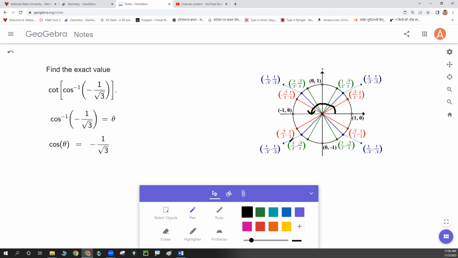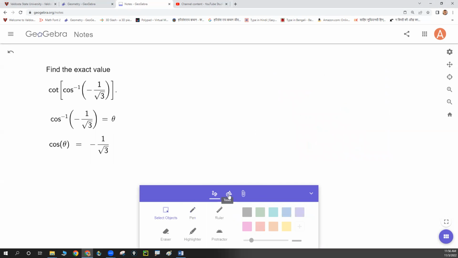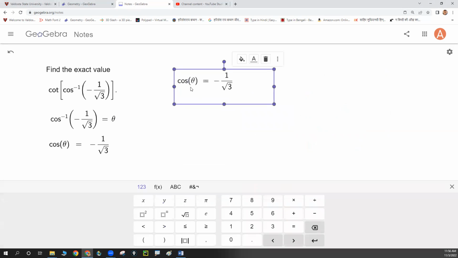Well, guess what? I don't have it in the unit circle, so I have to do it the hard way. So let's do it the hard way. What is the hard way? The trig identity. And we know cosine squared theta plus sine squared theta is equal to 1.